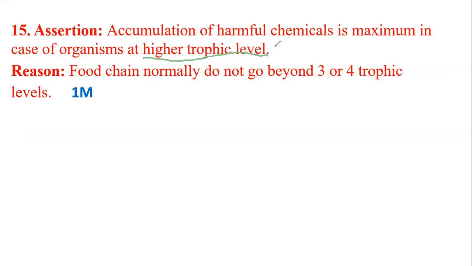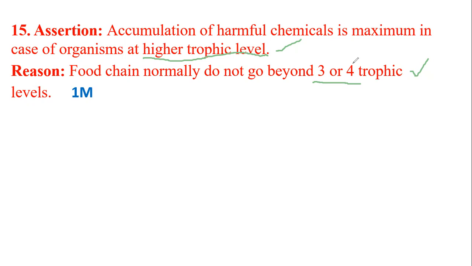Yes, biomagnification leads to an increase in the accumulation of harmful chemicals in the food chain. Got it? So this is the correct statement. Now the food chain normally does not go beyond 3 to 4 levels. Yes, this is also a correct statement, because after 3 to 4 trophic levels there will not be much energy to transfer to the next level.